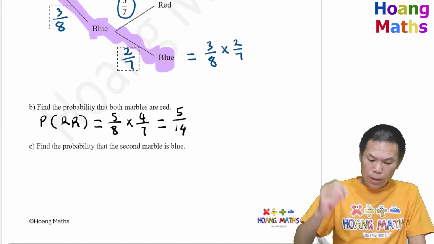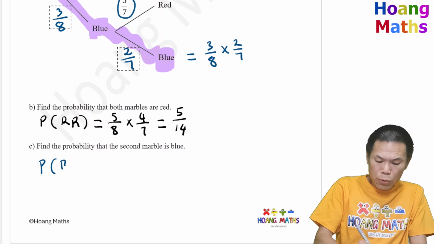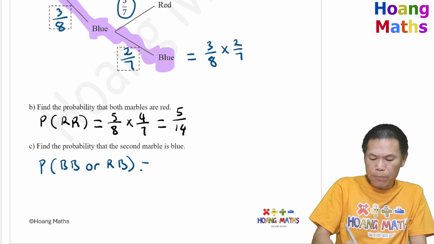That means the second marble being blue is the same as the probability of blue, blue or red, blue. Keep that in mind.